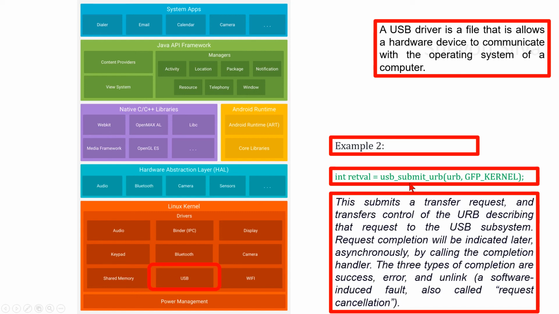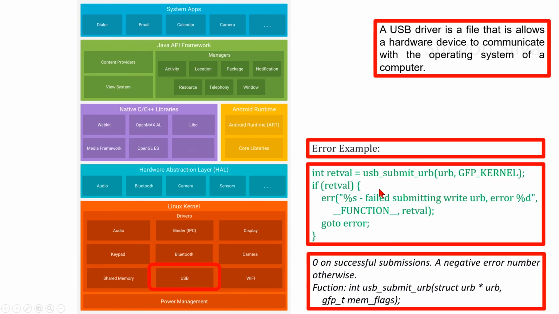Request completion will be indicated later asynchronously by calling the completion handler. Three types of completion are success, error, and unlink, a software induced fault also called request cancellation.